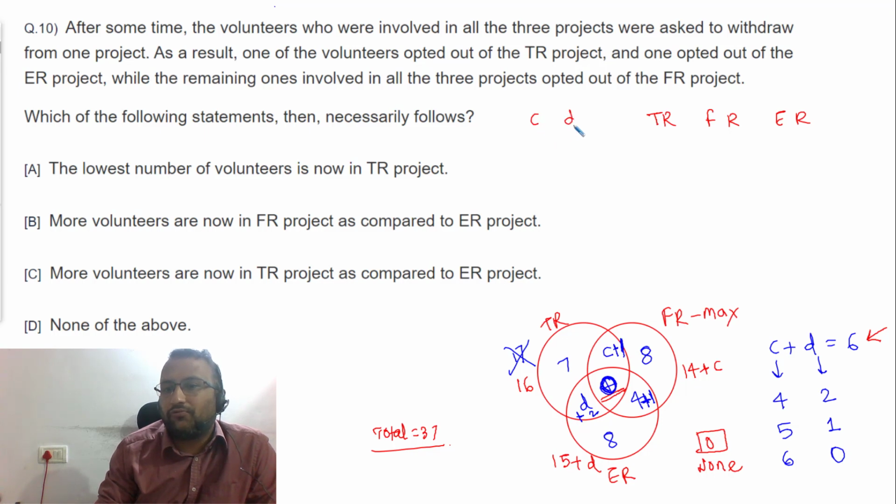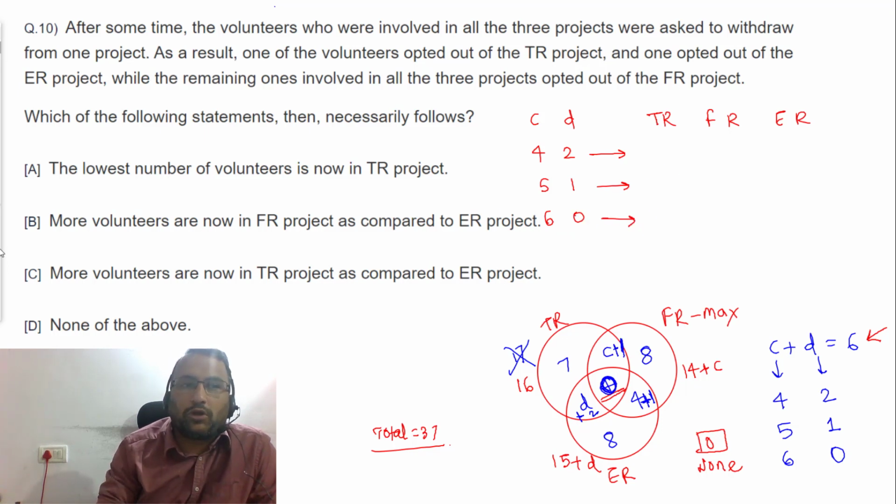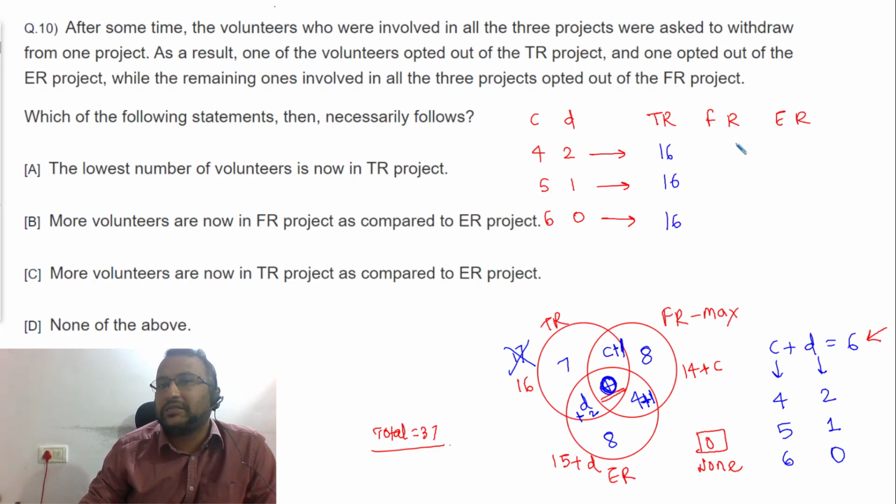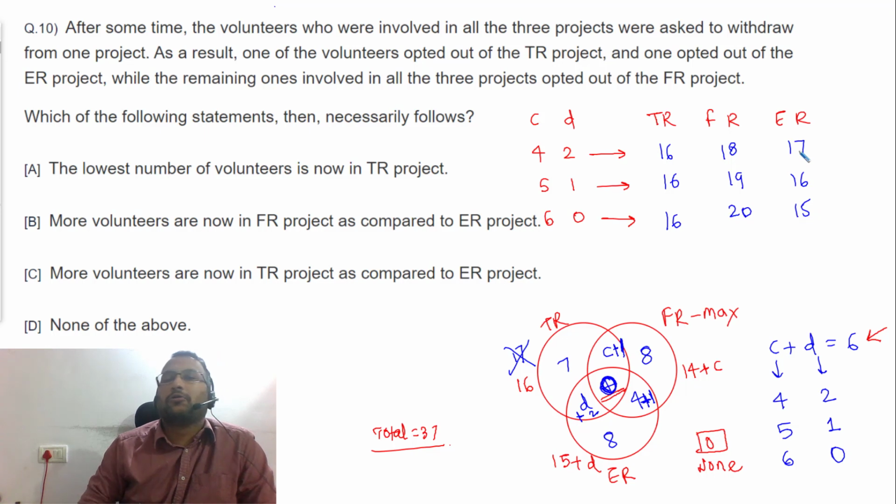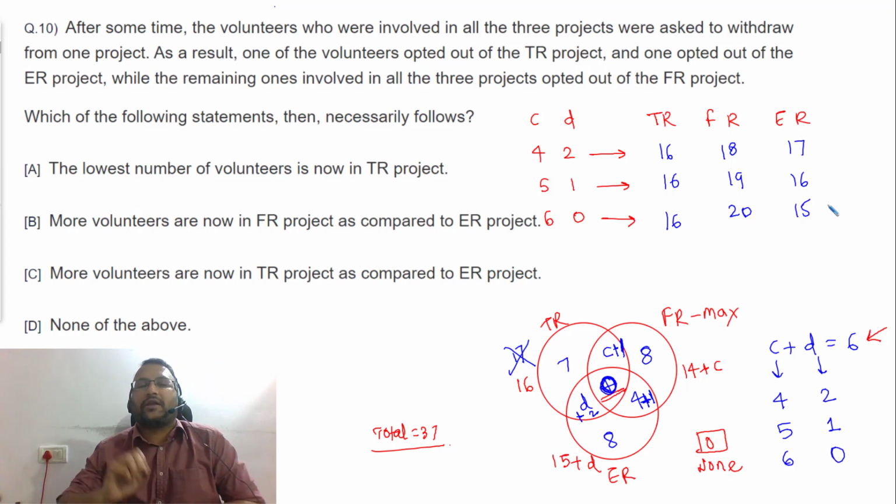If C is equal to 4, D is equal to 2, then what will happen? If C is equal to 5, D is equal to 1? If C is equal to 6, D is equal to 0? The total of TR is always fixed, that is 16, 16 and 16. Total of FR is 14 plus 4, 14 plus 5, 14 plus 6. Total of ER is equal to 15 plus 2, 15 plus 1, 15 plus 0. So these are the three possibilities we are having.